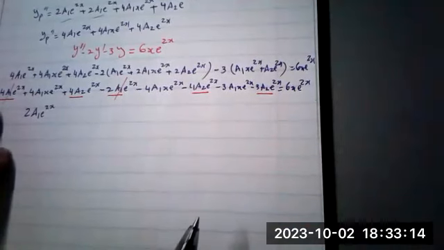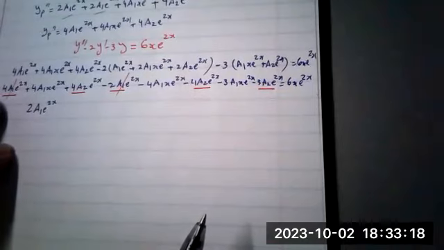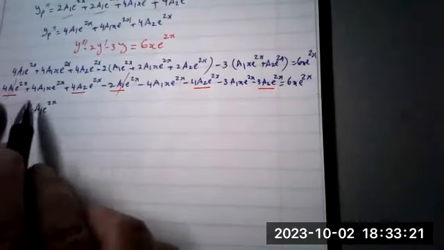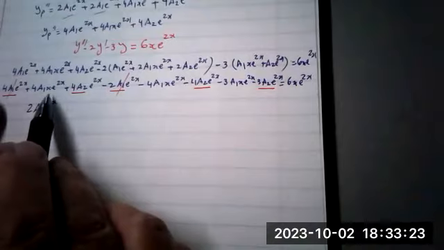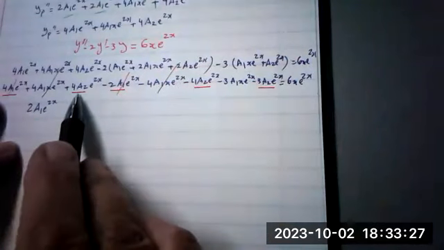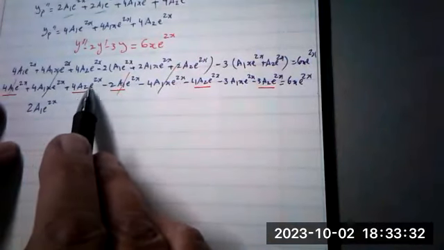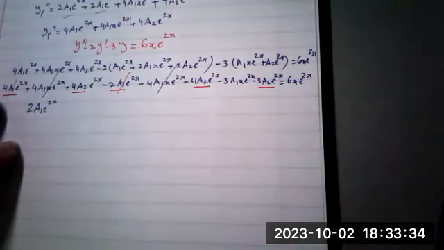We go to that one later. But I'm going to check the constant pairs. That's a 4a2 e to the 2x, and this is a 4a2.